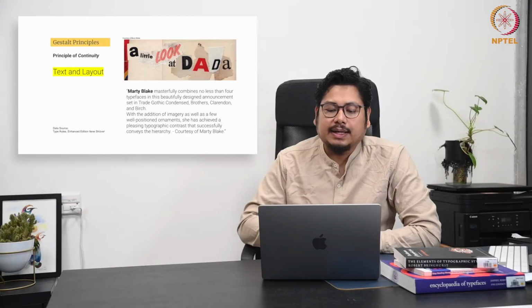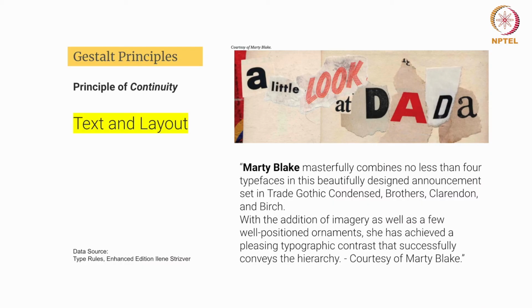Yes, so this is a different way of addressing continuity, but a very interesting composition by Marty Blake, who combines a variation of typefaces and how the overall composition has been put together to create a sense of legibility. Since there are variations in projection, if you see, this is going up, this is going a little bit low, right?